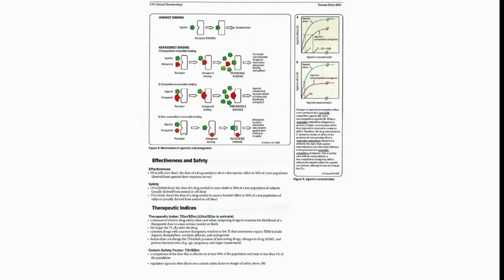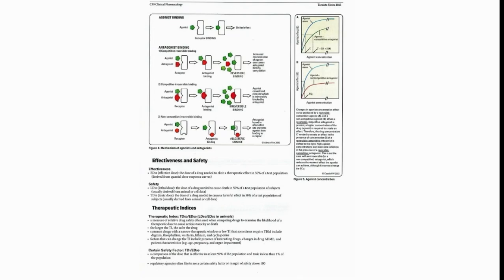Therefore, the maximum effect or Emax remains unchanged, and more agonist is needed to achieve the same response. Examples include naloxone competing with opiates, atropine competing with acetylcholine at muscarinic receptors, and propranolol competing with catecholamines at beta receptors.